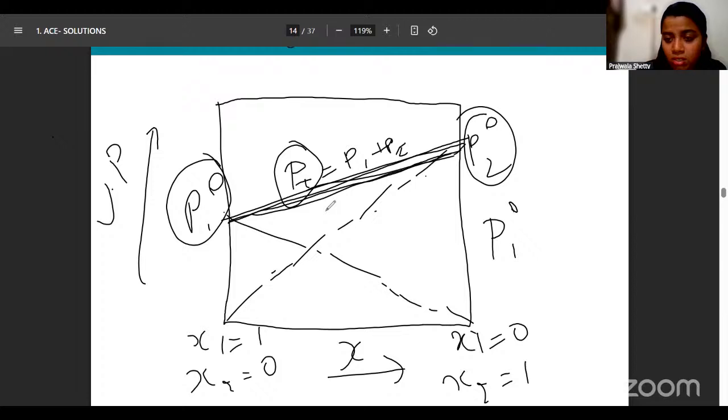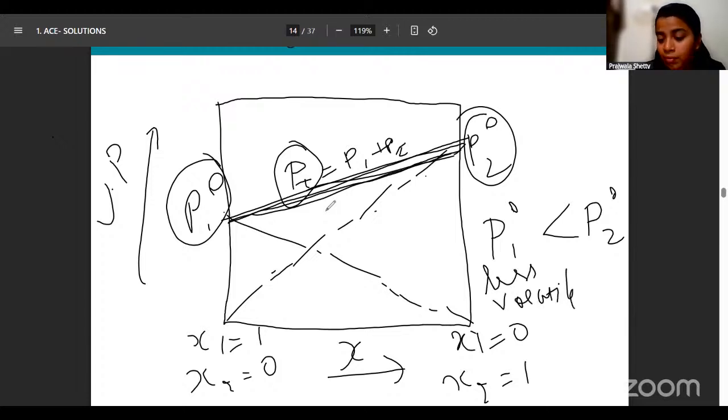P1 naught is less than P2 naught, so component 1 is less volatile. This is more volatile when compared to P1 naught. So as of now, this is all about Raoult's law.